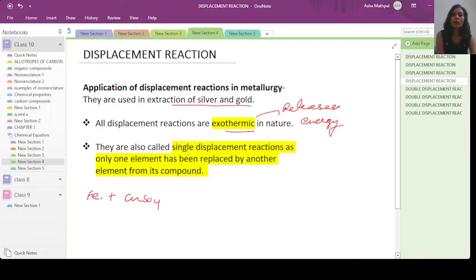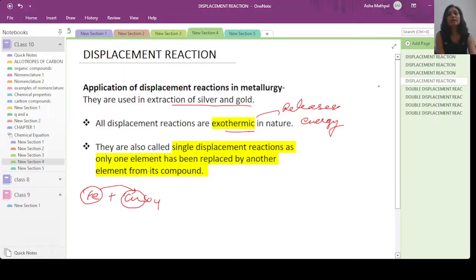So here one element is displacing another element from its salt solution. So they are also called single displacement reactions. That is, only one element is displacing another element. But the more popular name is simply displacement reaction.